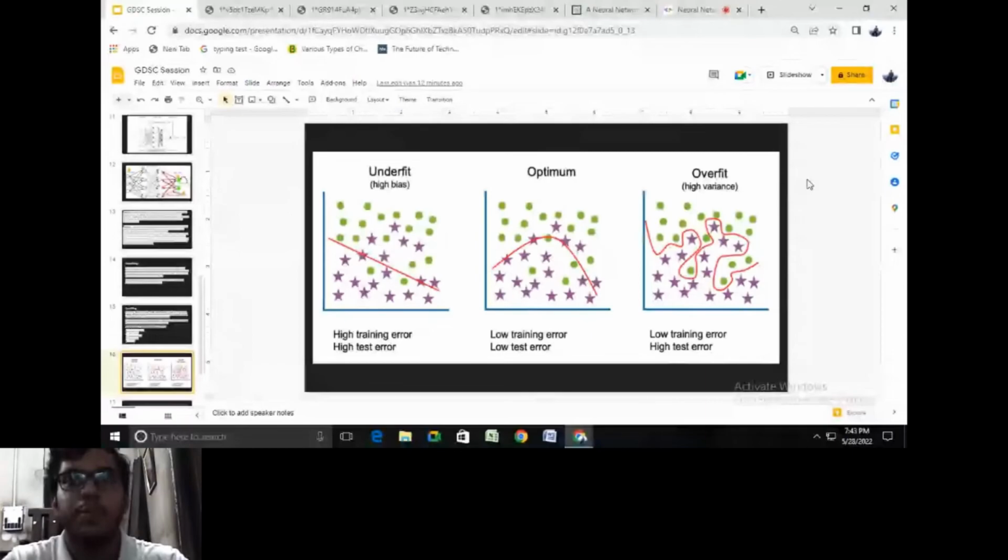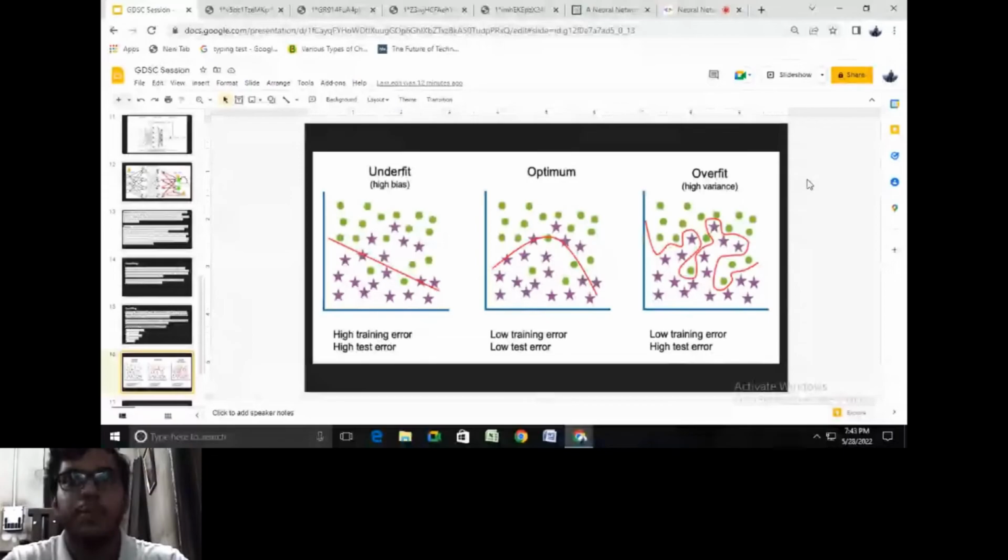So here, as the model is trained 20 times, we see that the training error is small and the testing error is small. So we can say that at this position, the model is just in the right state to be accepted as a good prediction model.